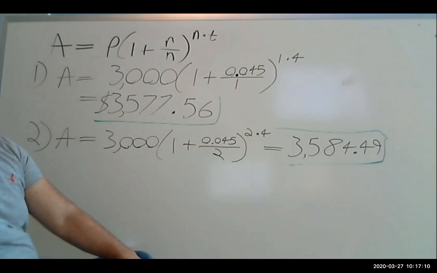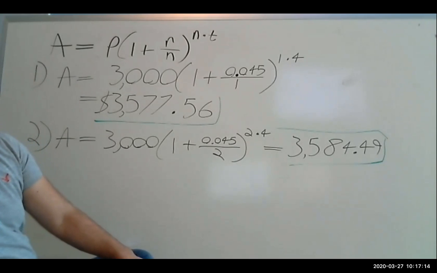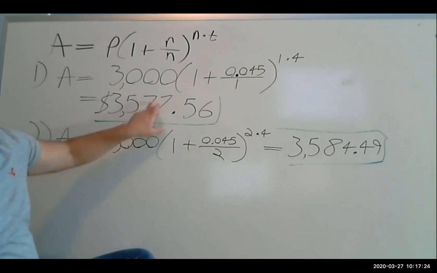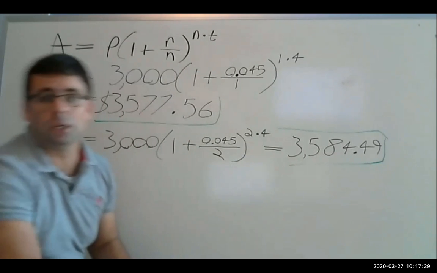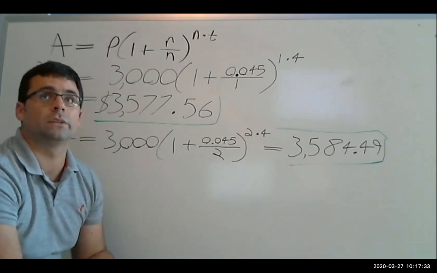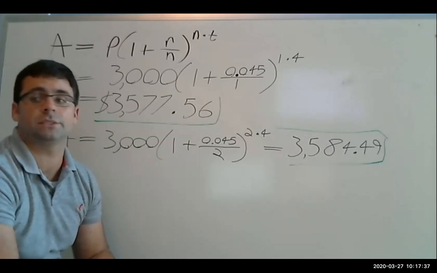About 7. So 77 to 84 is about a $7 difference. The only difference is we compounded it twice a year.